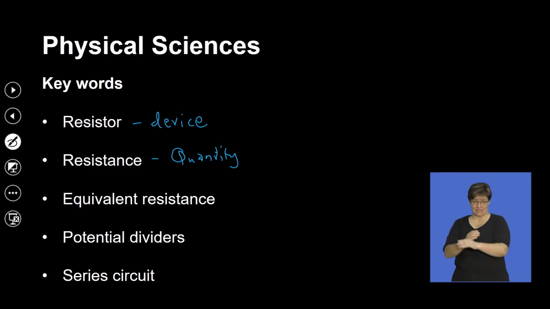The two cannot be used interchangeably to refer to one and the same thing. Yes, these are two related terms, but a resistor is an instrument or a device that offers resistance, which is the quantity. Now, if we talk about equivalent resistance, sometimes we'll talk about effective resistance in a circuit. Take note of that.